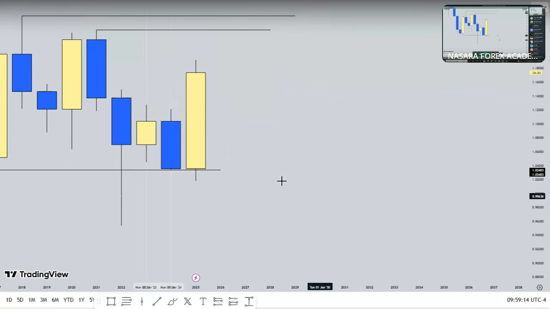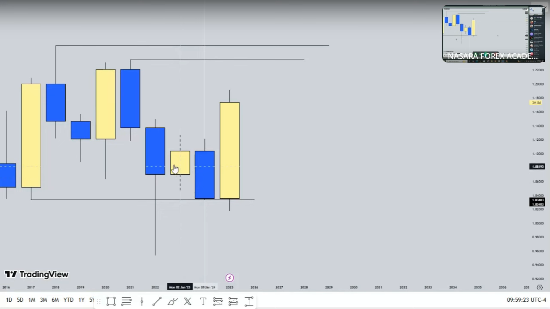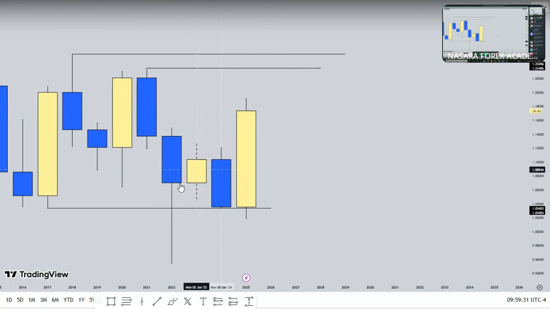A lot of individuals know after this rejection below this price that price is going to go higher. But price manipulates them, tries to leave them out of the move, before it goes into the direction they know.